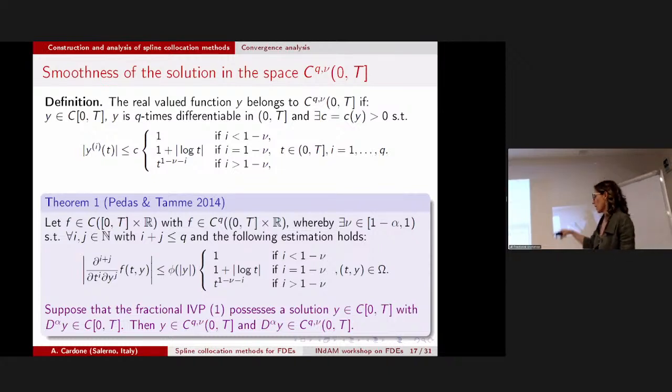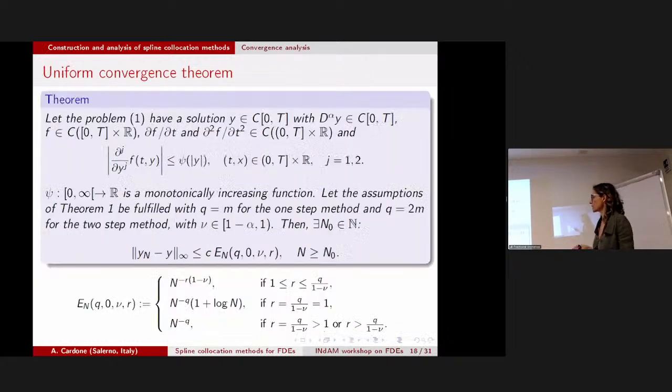I will skip the details of the conditions under which the solution belongs to this space, and under the same hypothesis, we are able to prove the convergence of the method and to obtain a bound for the error.